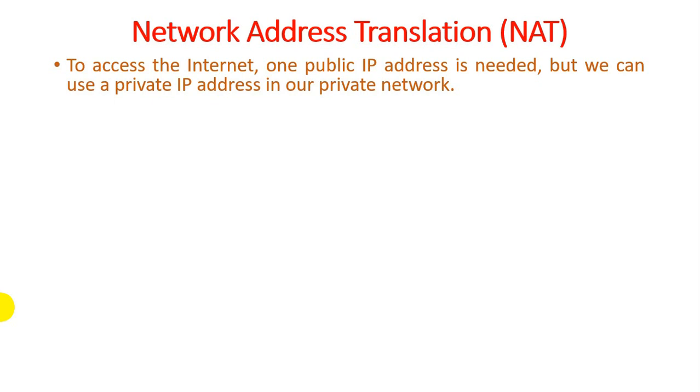Internet providers provide a public address through which we can access data outside, and if we access our data from the outside network to the inside network, we have some private IP address. So in both cases, there are two different IP addresses known as a public IP address and a private IP address.